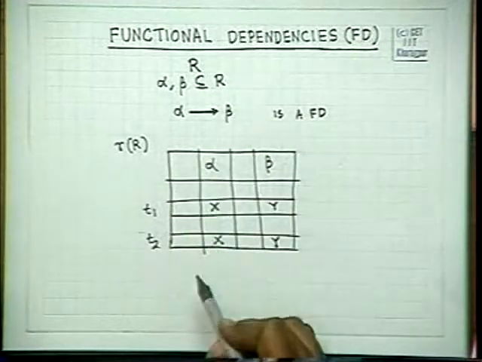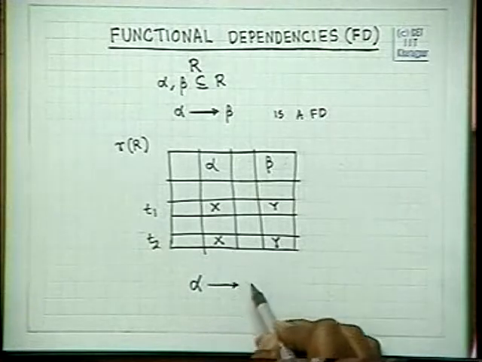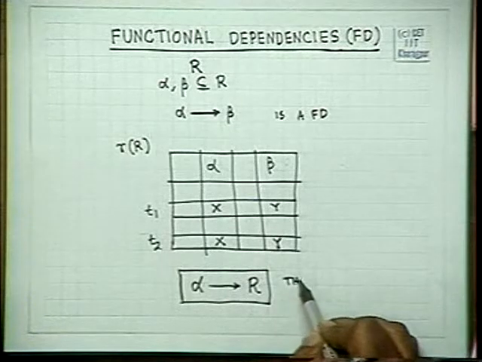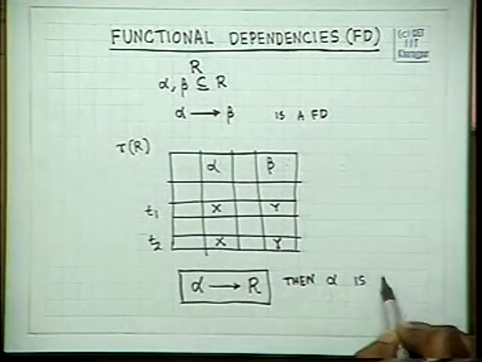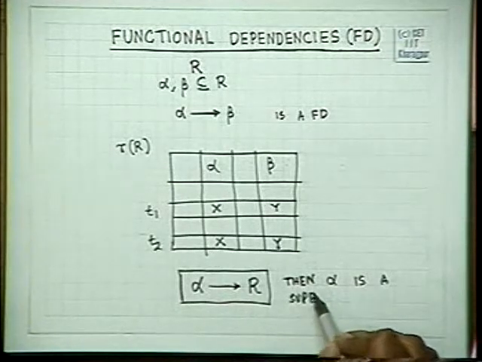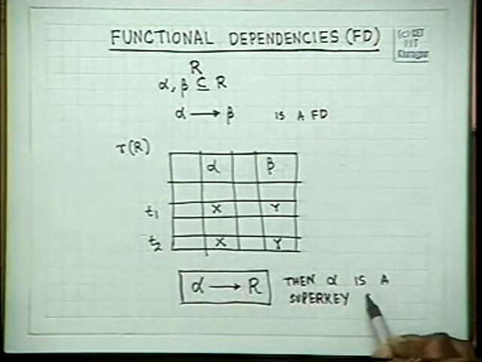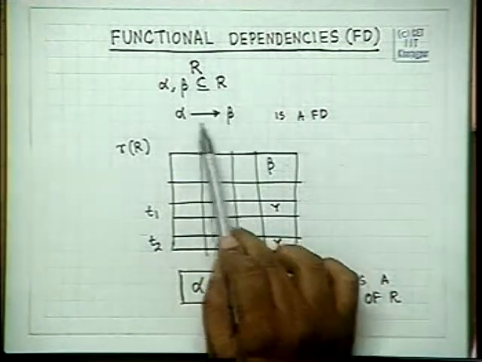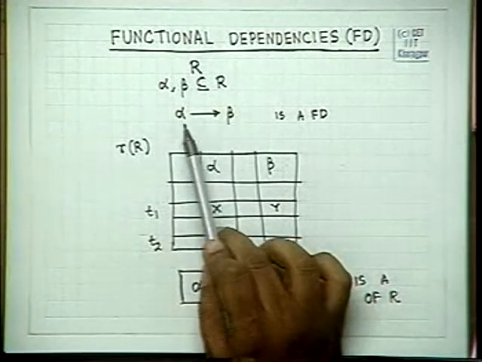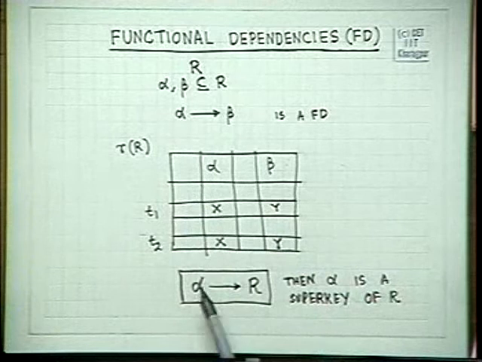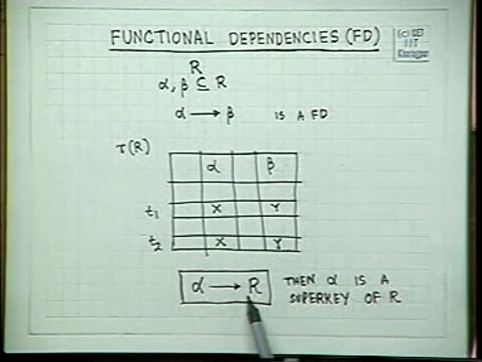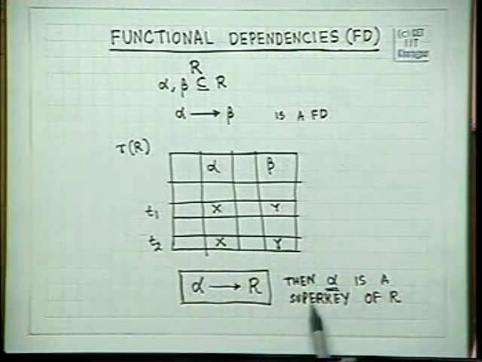That is, if R is the relation scheme and we can show that alpha to R holds, then alpha is a super key of R. So, a functional dependency is a constraint which says that beta is dependent on the value of alpha, and if R is dependent on alpha, then this means that alpha is a super key of R.